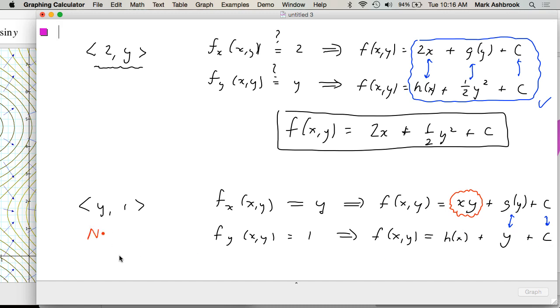So the conclusion: not a gradient field. There's no function f whose partial with respect to x is y and whose partial with respect to y is 1. It's impossible. Make sense? There's no function whose gradient field is that. So that's a valid vector field, but it's not the gradient field of any function.